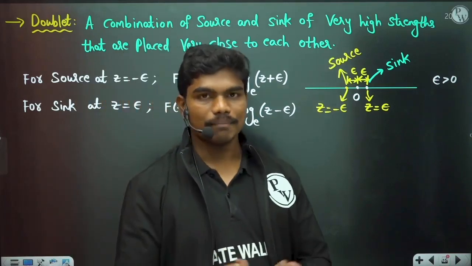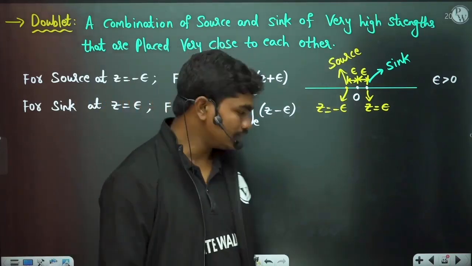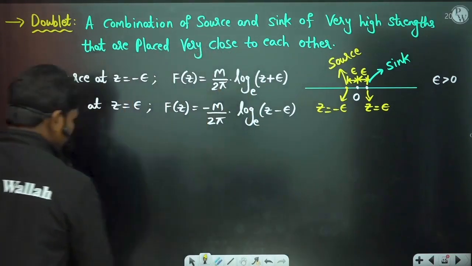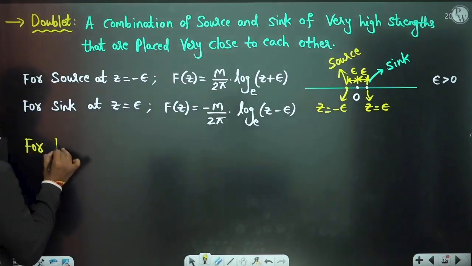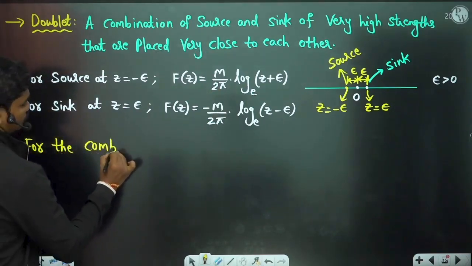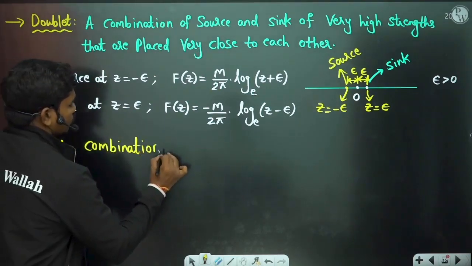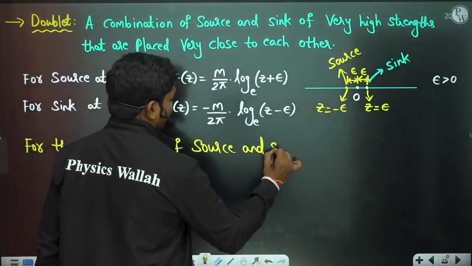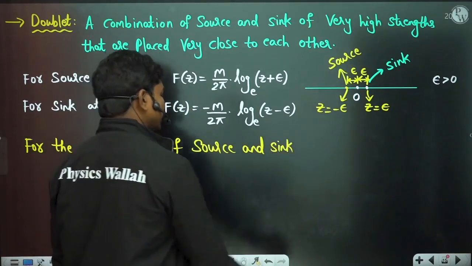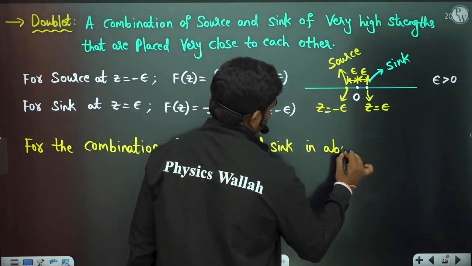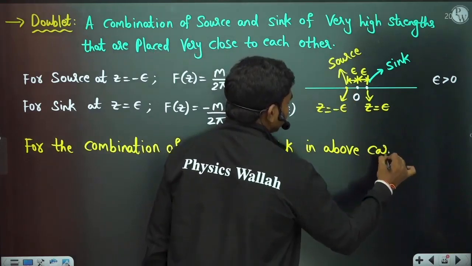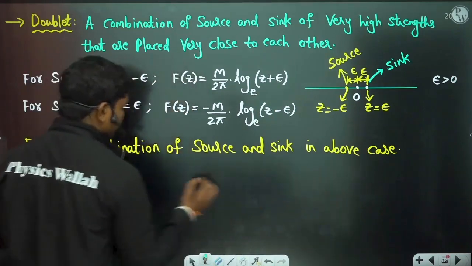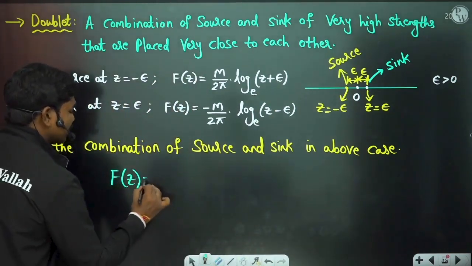Now if you want to combine them, superposition holds good here for the complex potential functions, because if you want to add two functions you can directly add them. So for the combination of source and sink in the above case, when they are placed very close to each other, try to understand this: f of z, the complex potential function required, is nothing but the sum of these two functions.